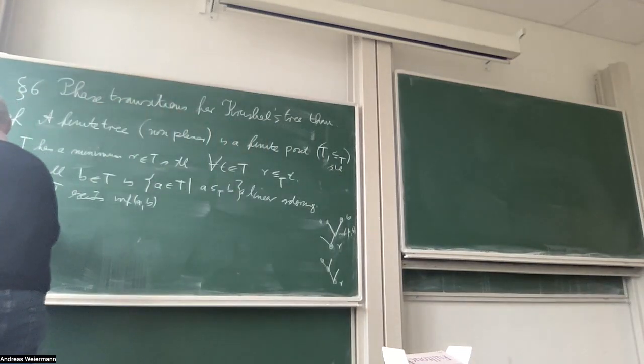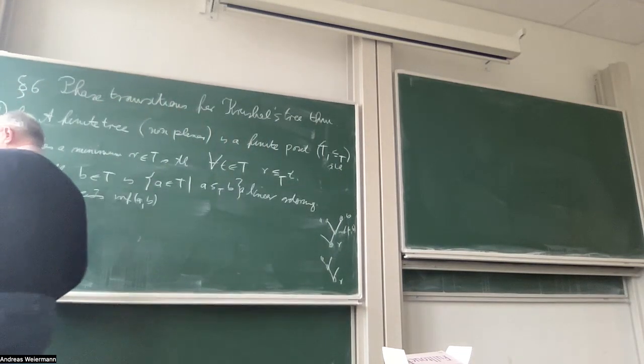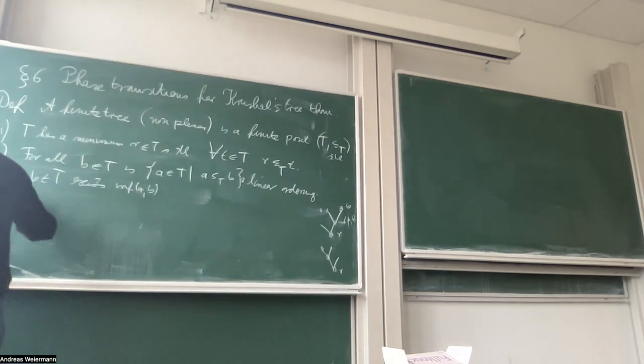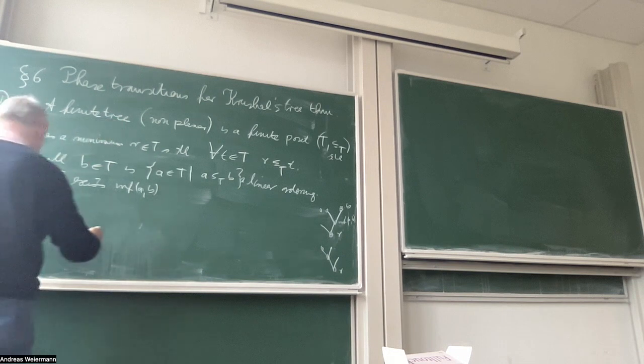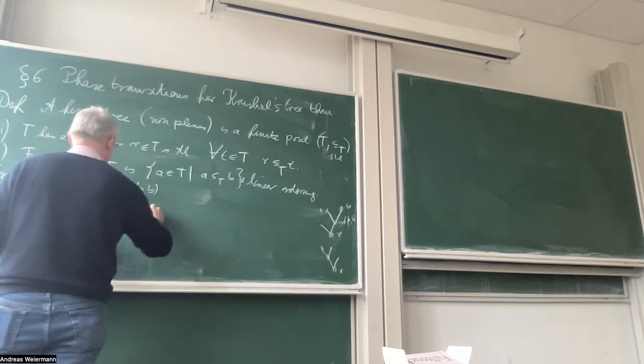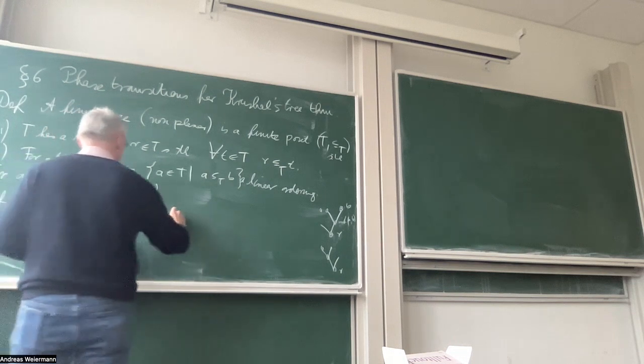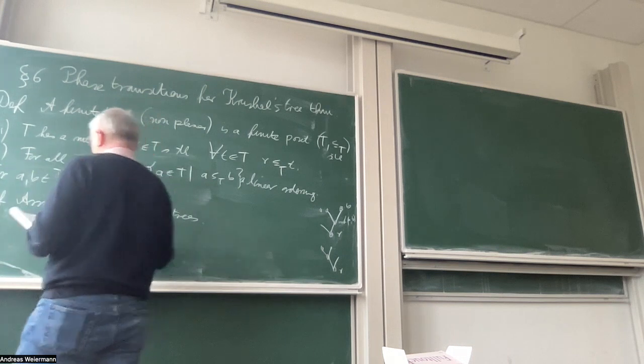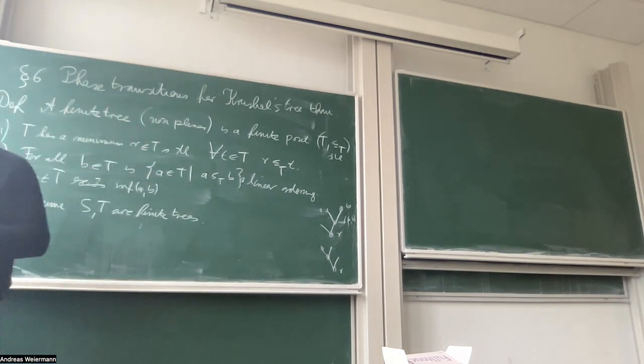Next, the definition of homomorphic embedding. I write just S and T for the tree structures, and these are finite trees. So I now drop the mention of the orderings.